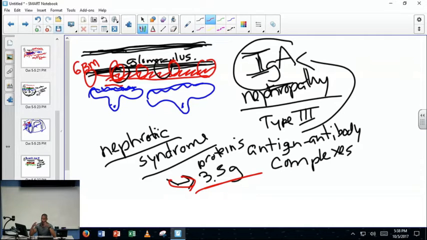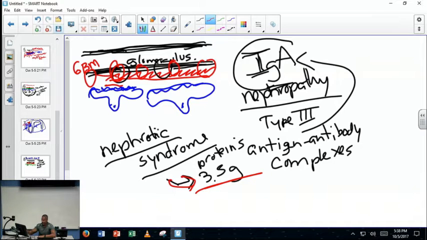If you lose all your protein, all your big molecules, your albumin, fibrinogen, and globulins in the urine, your oncotic pressure is gone. So what are you going to develop? Anasarca. With nephrotic syndrome, you develop anasarca, which is edema beyond edema. That's when your whole body is basically swollen, okay?